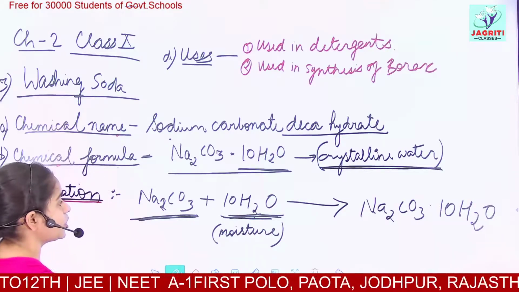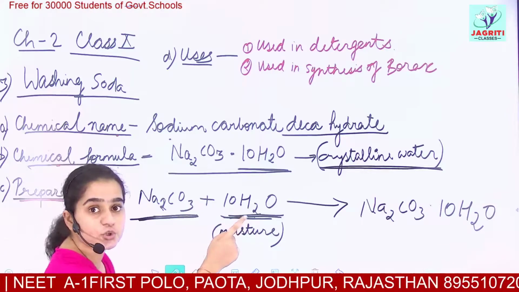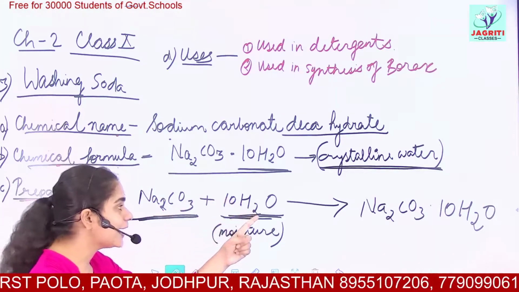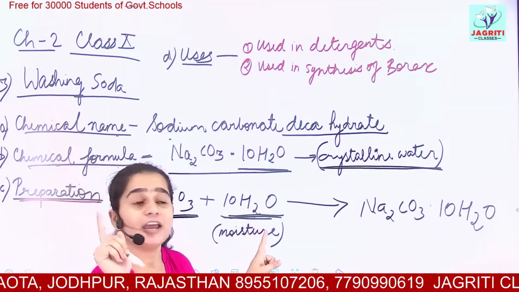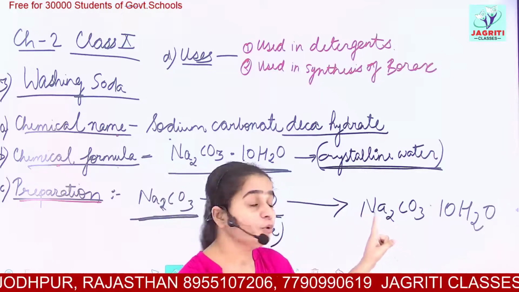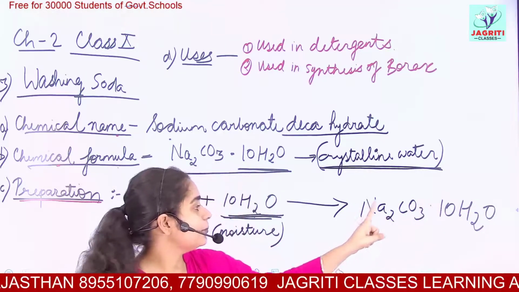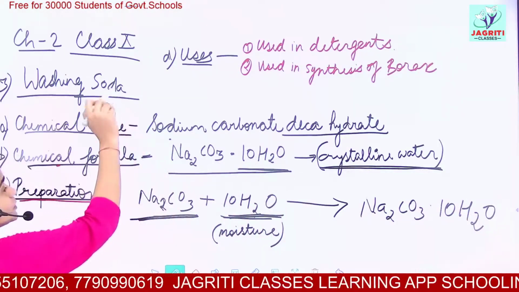Like in preparation, you can write when sodium carbonate is exposed to air, then one molecule of sodium carbonate reacts with 10 molecules of water, that is moisture content of air, and it gets converted to Na2CO3.10H2O, which is sodium carbonate decahydrate. And in this way, washing soda is prepared.